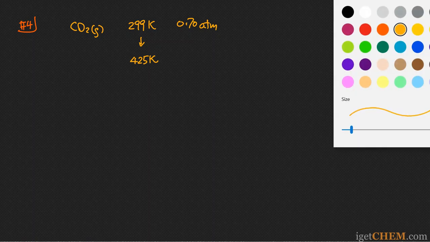So here is number 4, and number 4 is about a sample of CO2 gas, and originally the temperature is at 299 Kelvin, and the pressure was 0.70 atmosphere, and this is placed in a rigid container, and the temperature is then increased in the same container to 425 K. So that's the statement of the problem.